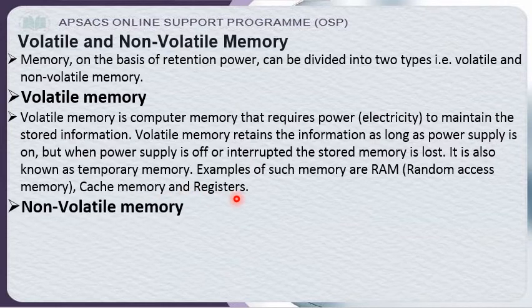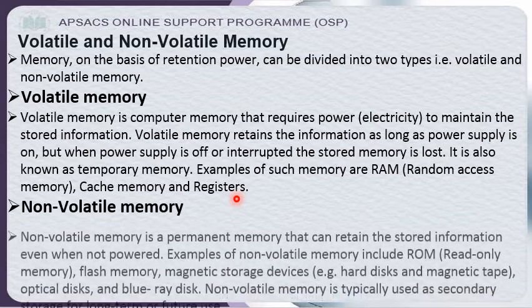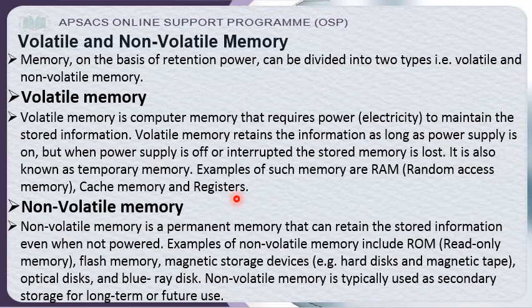Non-volatile memory, by its name, shows that the data will be permanent inside it. When you turn off your computer, the data will not be deleted. So non-volatile memory is a permanent memory that can retain the stored information even when not powered. Whenever electricity is not being given, the data will still be there.